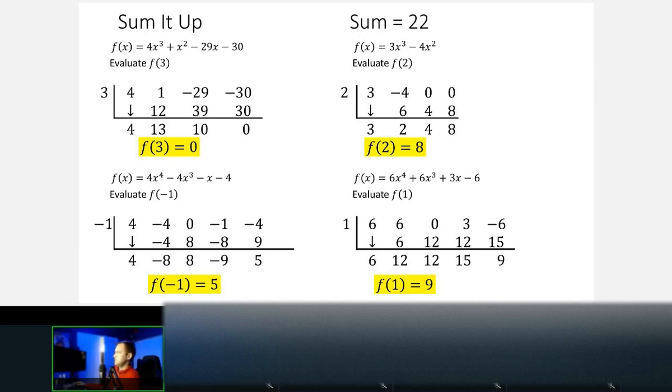All right. So just curious in chat, learning this and how you can use synthetic substitution to evaluate a polynomial. Do you like this way better, or do you see yourself still just taking, for example, this 3 and doing the good old plug and chug? What do you think you'll use in the future?